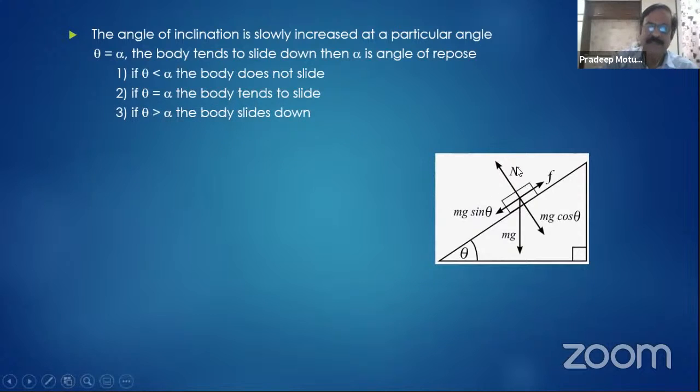The body slides down. See, these three things. If less than alpha, it does not slide. If equal to alpha, it is ready to move or tends to slide. If greater than alpha, the body slides down.